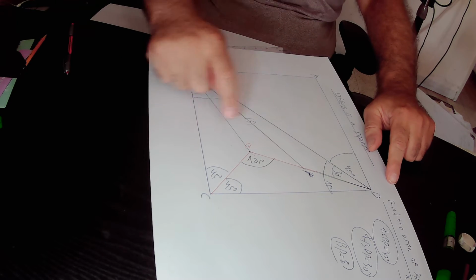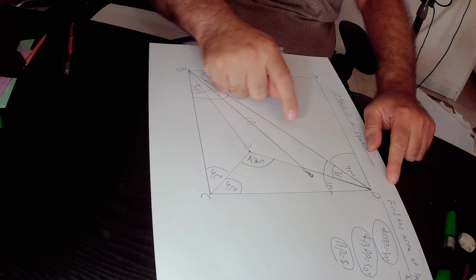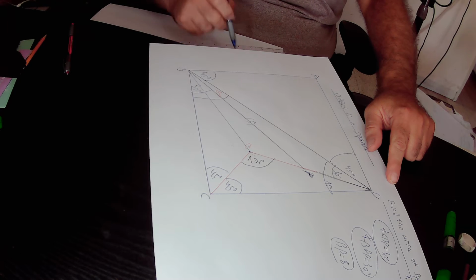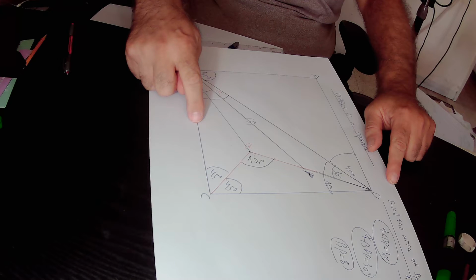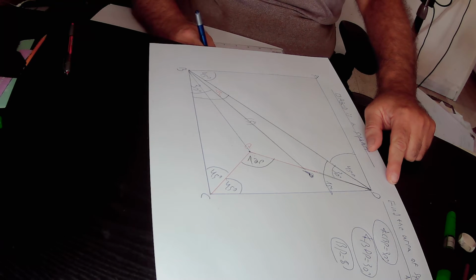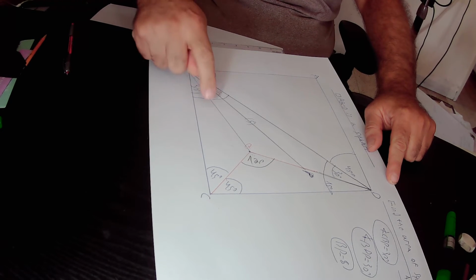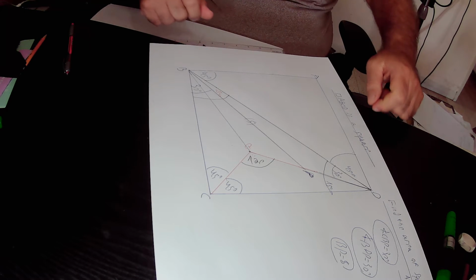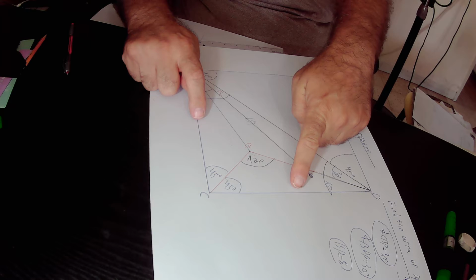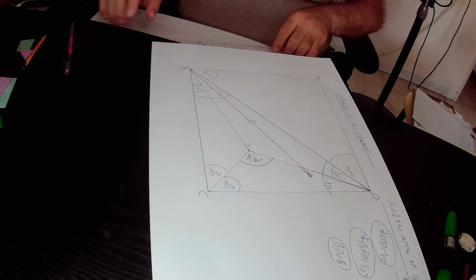So side DC of triangle DCQ is equal to this side BC of triangle BCQ. Both are sides of square ABCD and therefore they are equal to each other.